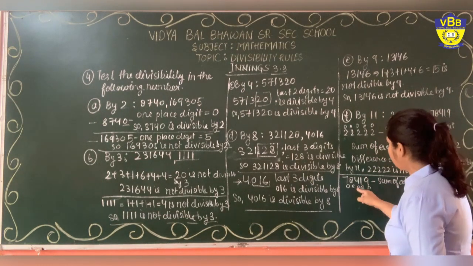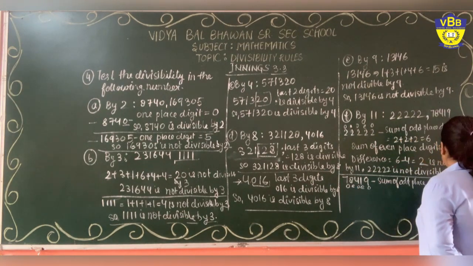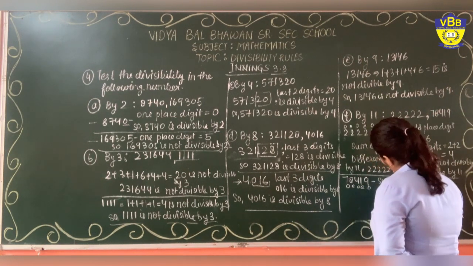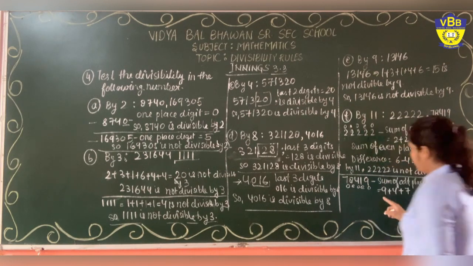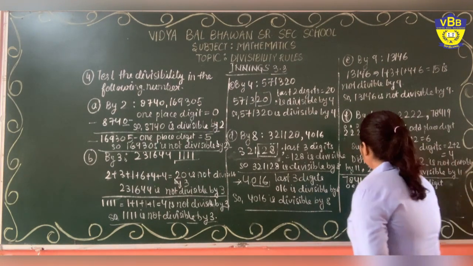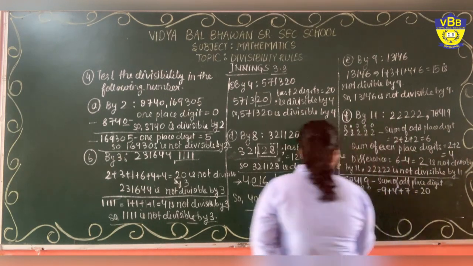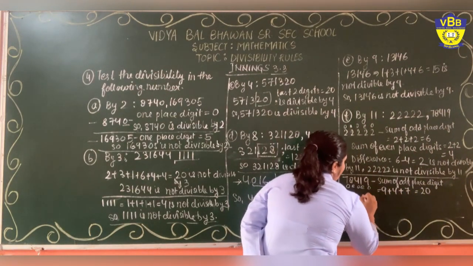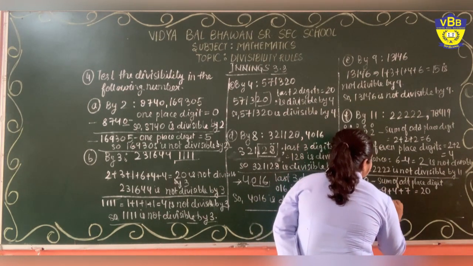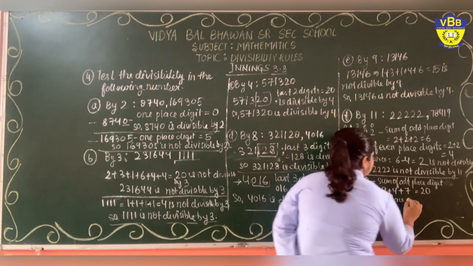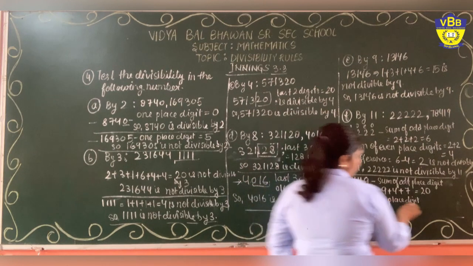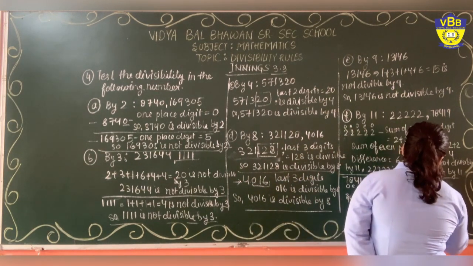It is 9 plus 4 plus 7. 9 plus 4 is 13, 13 plus 7 is 20. Then after that do the sum of even places, that is 1 plus 8. 1 plus 8 is 9.